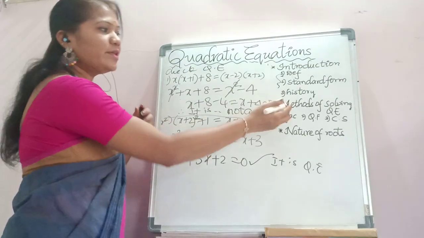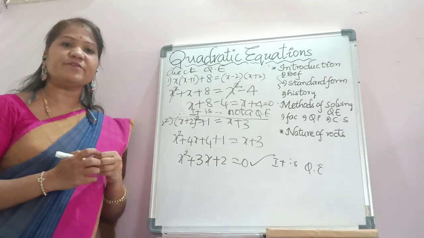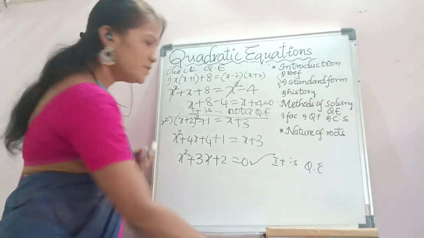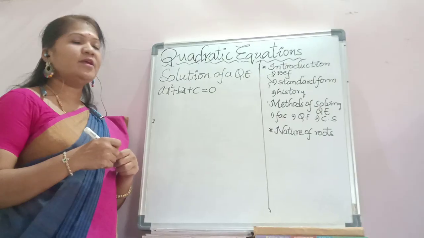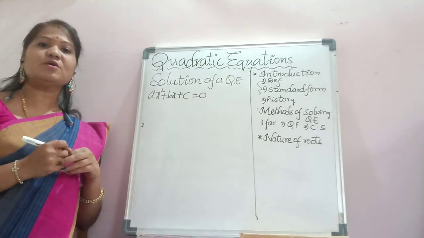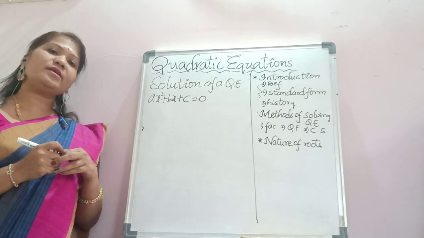Now let us go into the methods of solving the quadratic equation. For that, first let us know what the solution of a quadratic equation is. Now, coming to the definition of a solution of a quadratic equation: what do you mean by a solution of a quadratic equation?